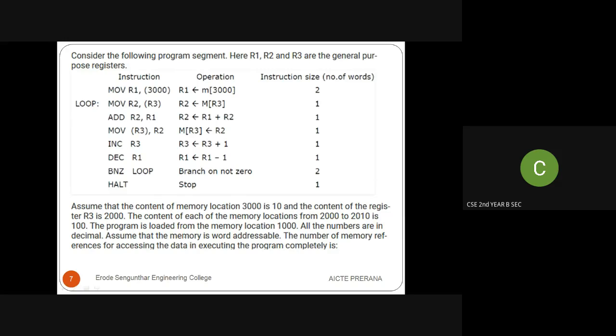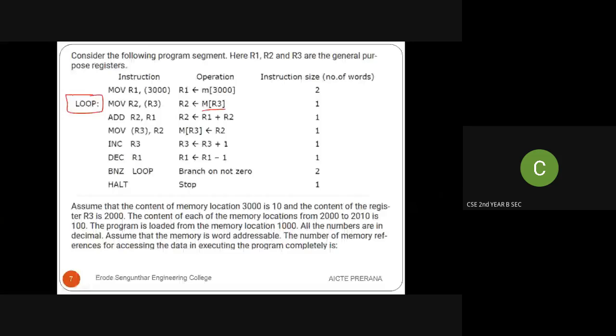Next one, R2 comma content of R3, that is the memory location R3's content will be moved to register R2, that is the general purpose register R2. So we have to mark this looping statement. These are all the key things they will be giving.